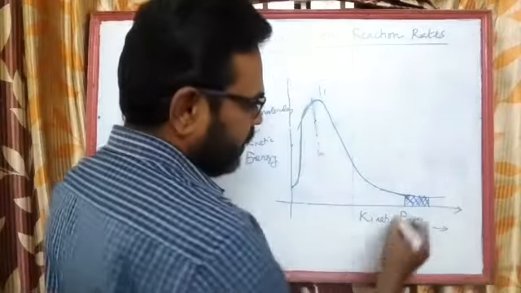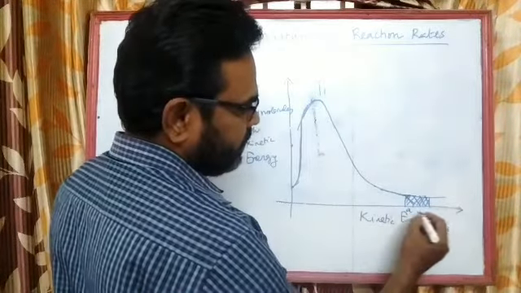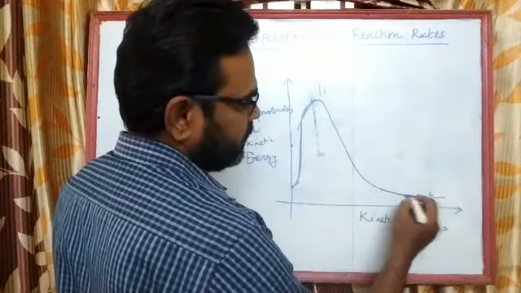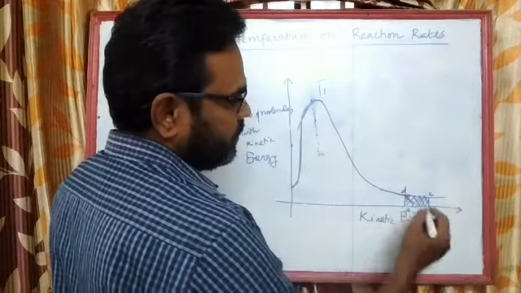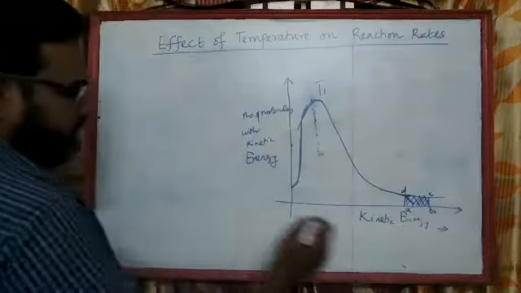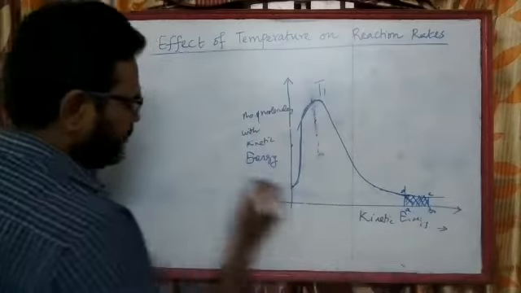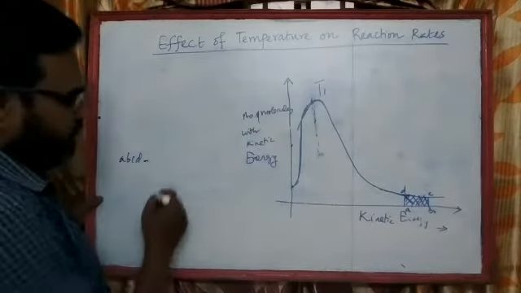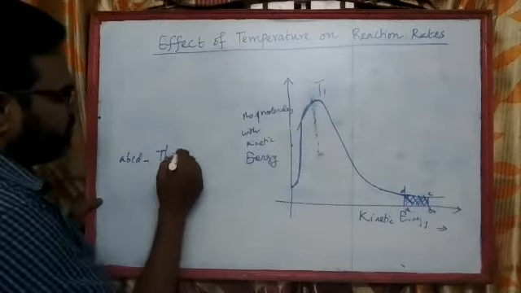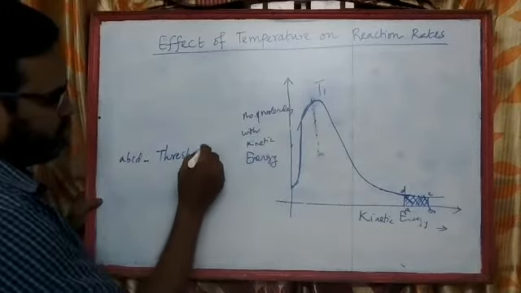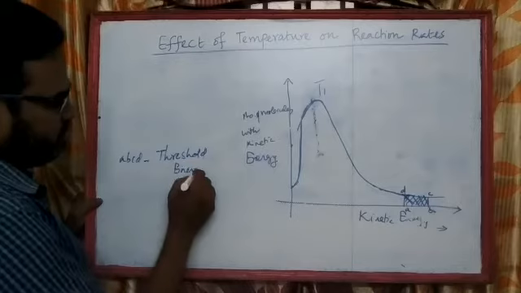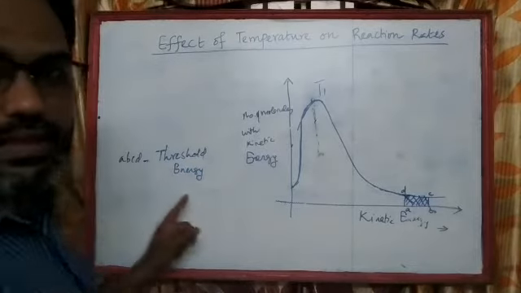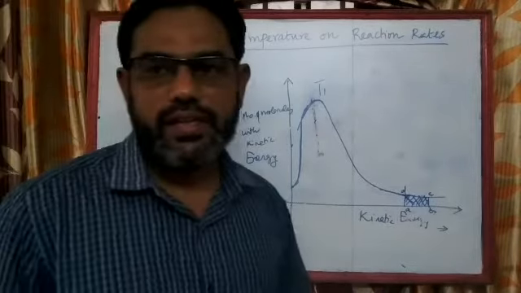Let me say this as A, B, C, D. A molecule with this much kinetic energy is called the threshold energy.